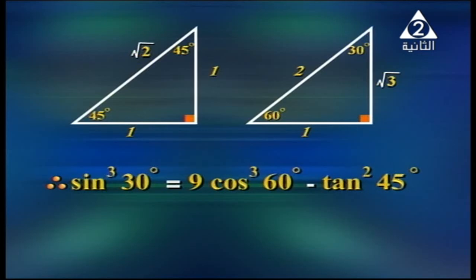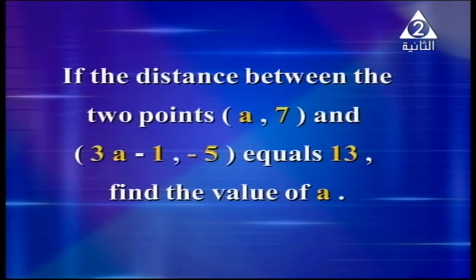Let us have another example. If the distance between the two points (a, 7) and (3a minus 1, negative 5) equals 13, find the value of a.